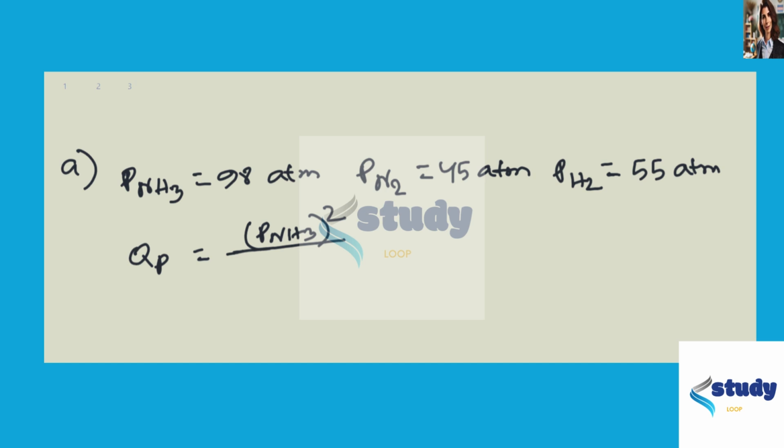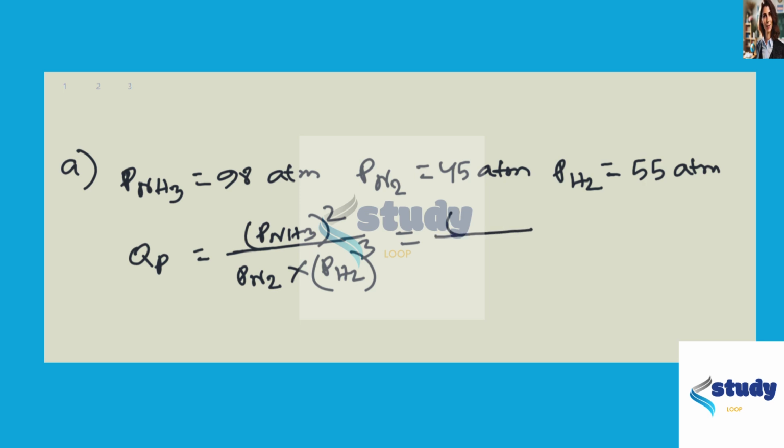In the denominator we place the reactants: the partial pressure of nitrogen, whose coefficient is 1, times the partial pressure of hydrogen, whose coefficient is 3, so we raise it to the power 3.